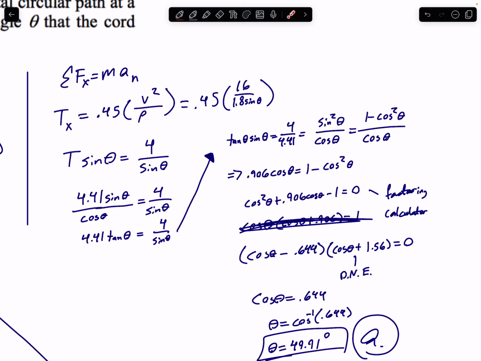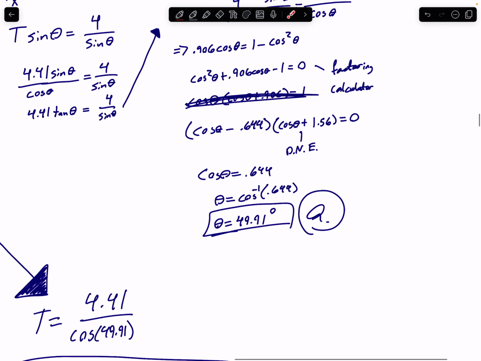And so we can end up getting a polynomial function, and I just used a factoring calculator there because I don't know how to factor that. And so this value would not exist because it is going to be more than 1.